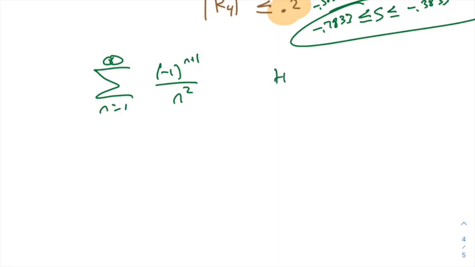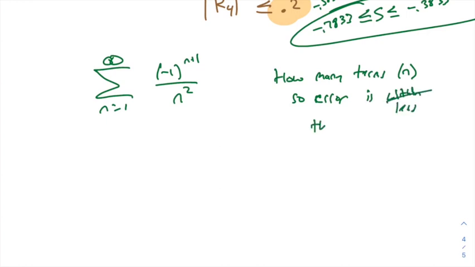And it might say, find out how many terms, so that's n, so that your error is less than 1,000th off. So we want our error to be less than 1,000th off.